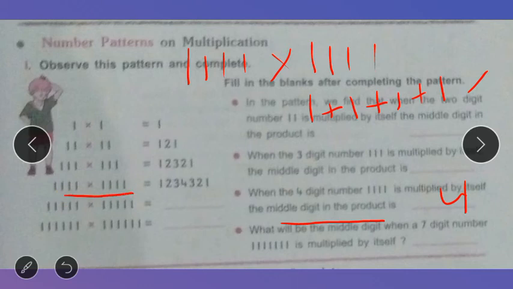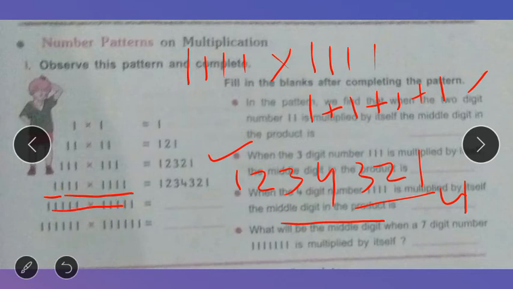Then how will you get the remaining numbers? You have to write in ascending order as in the previous one, like 1 2 3, middle number is 4, 3 2 1, descending order. Clear? Similarly here, 5 times 1 is there. So the middle number will be 5.